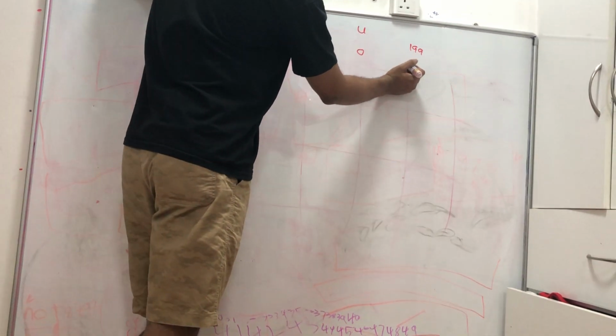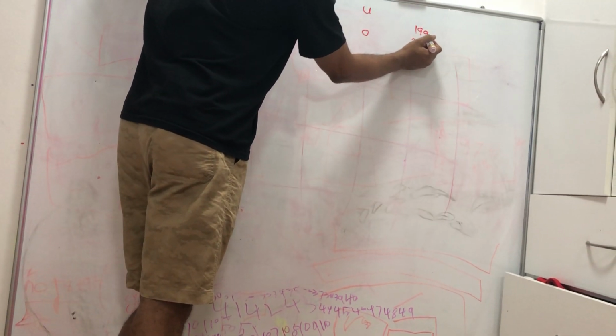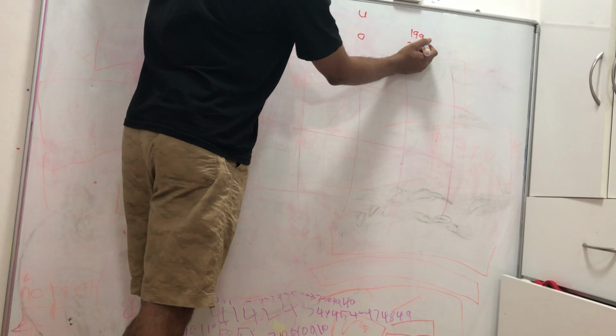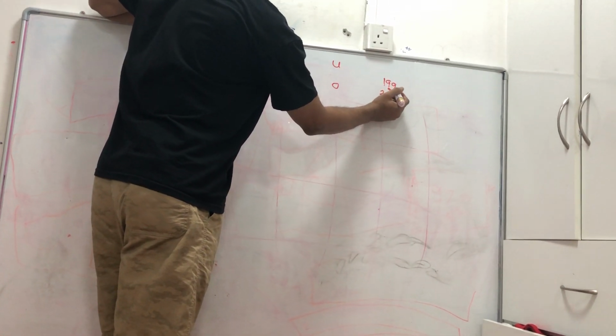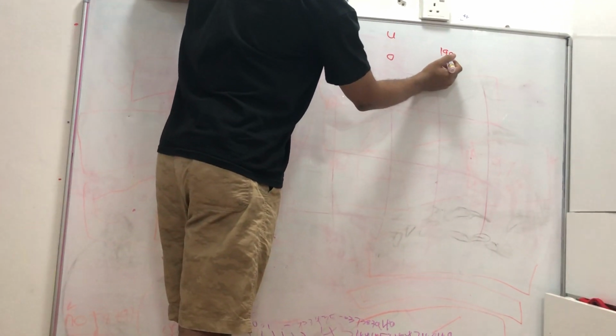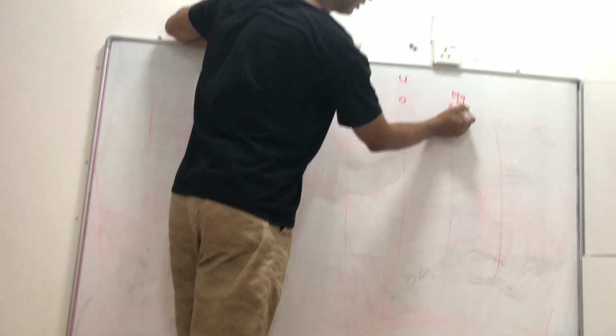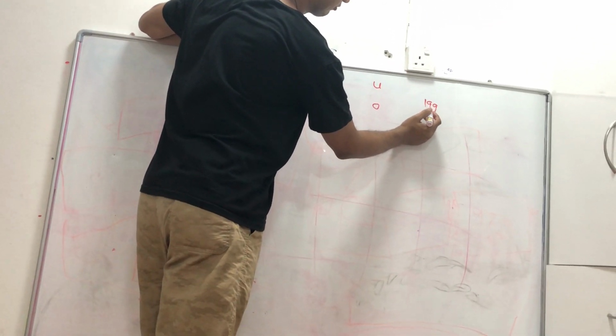So just now we started with 199 and then became 200 because this set of 9 units, after adding one more unit, became 10 and they all moved here. So this became a 0. The 9 became 0 because it became a set of 10 and it all moved here.